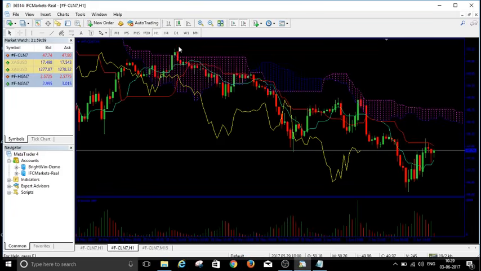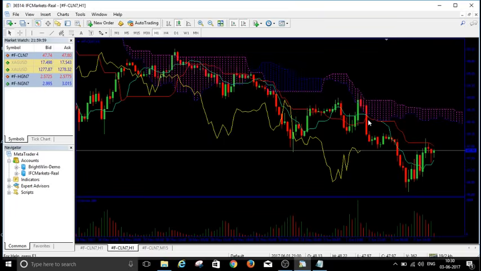So it just touched and went down. Again it went here, but didn't cross over the cloud. Then again it touched the Kumo ceiling because it's a flatter cloud. Again it went into the cloud and the market fell again. But there were chances of breaking because the cloud is in this form.